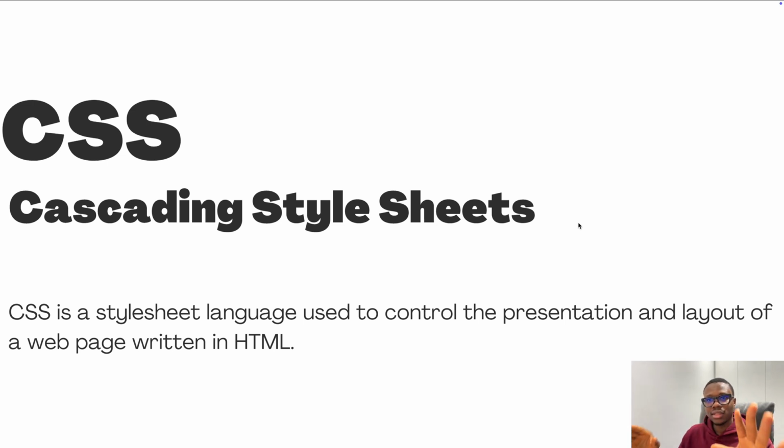So I likened that process to using CSS to style a web page. You use HTML to structure the web page, then you use CSS to style it, to make it look beautiful, visually appealing, right? So that's basically what CSS is about.